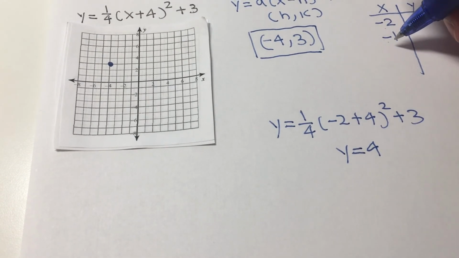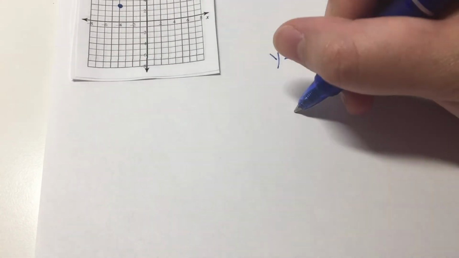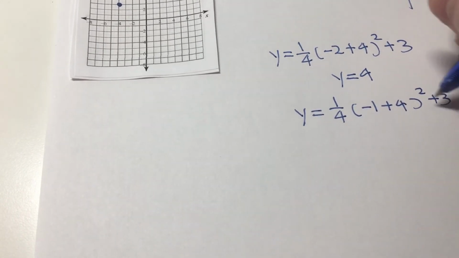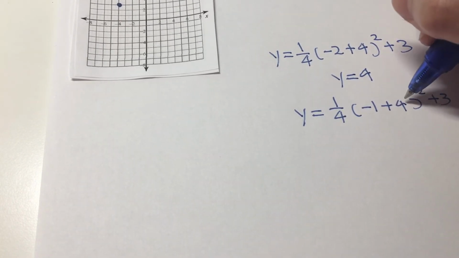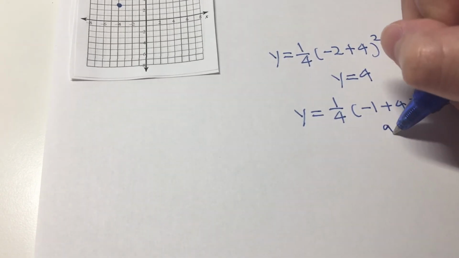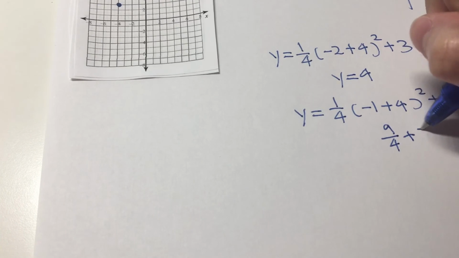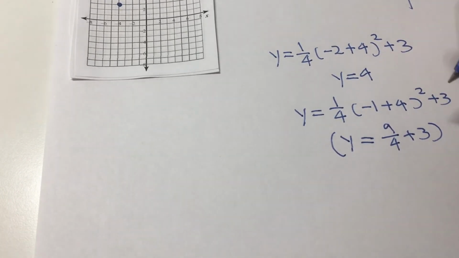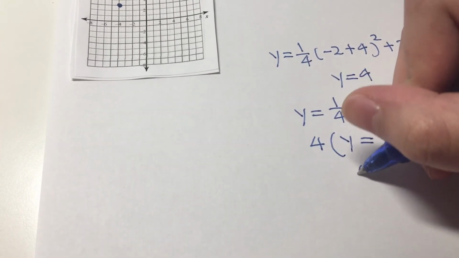Okay, and let's plug in -1. So -1 plus 4 is 3. 3 squared is 9. 9 times 1/4 is 9/4 plus 3. I don't like fractions, so I'm going to multiply everything by 4 to get rid of the fraction.